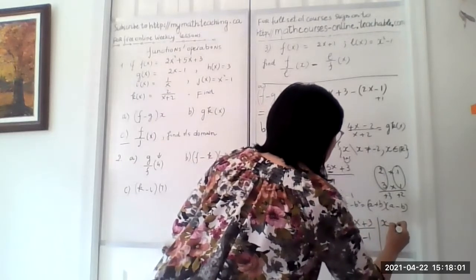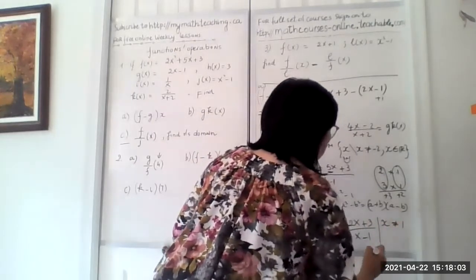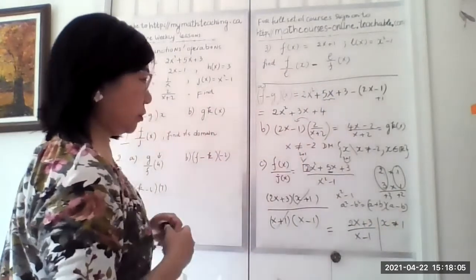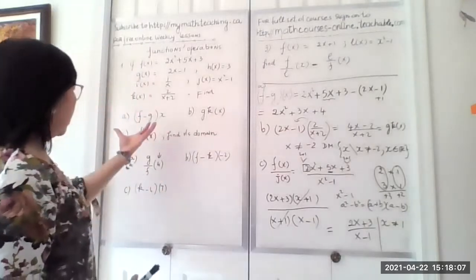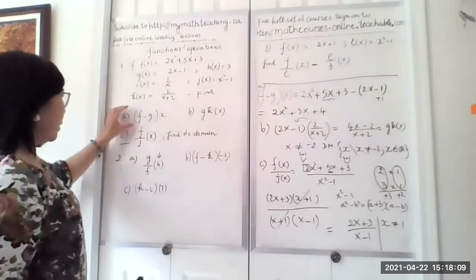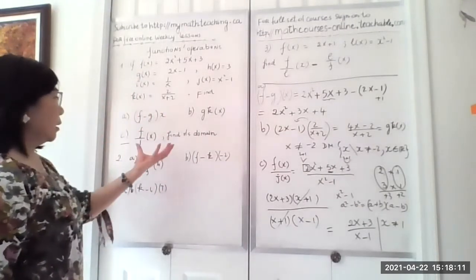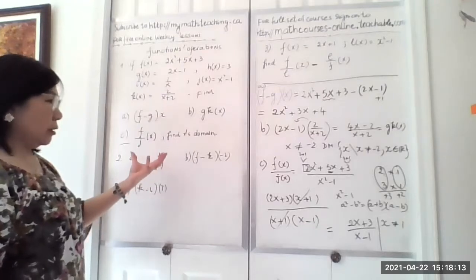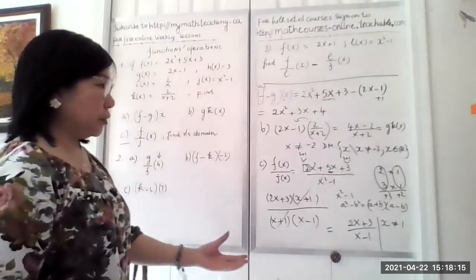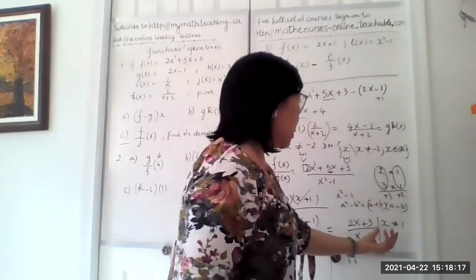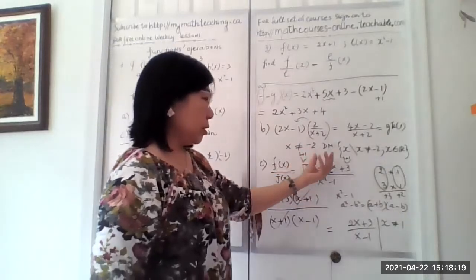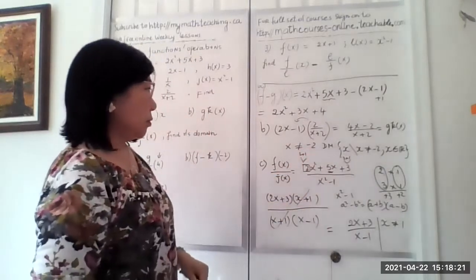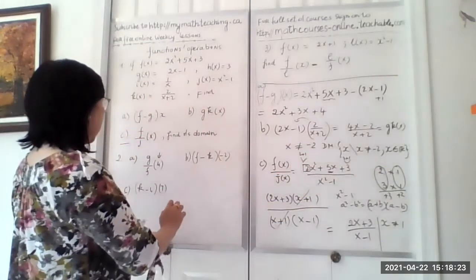We will say x cannot be positive 1. That's a restriction. So we're done with A and B and C here. That's how we state the restriction, which is the same as the domain. So we're done with that.